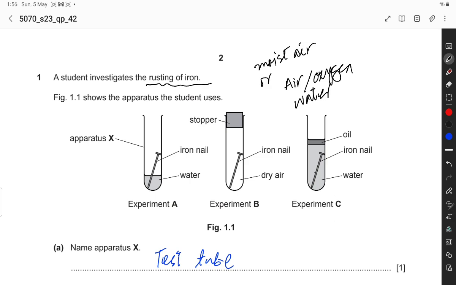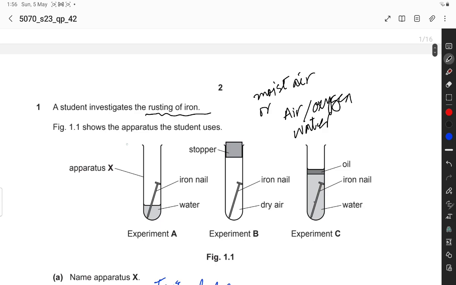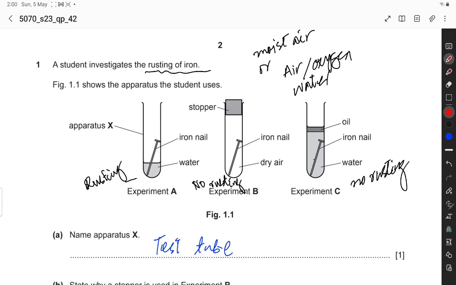So rusting takes place in experiment A. In B, no rusting because no water is there, and in C also no rusting because there is a barrier between iron and air.